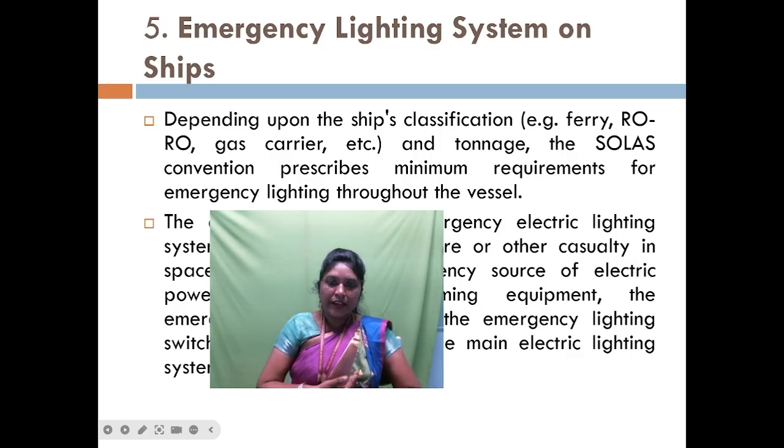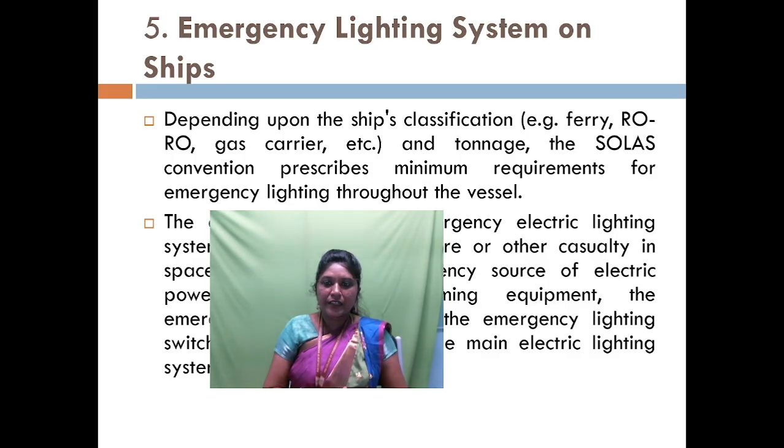So next we can see the emergency lighting system on ships. Depending upon the ship's classification, that is ferry, ro-ro ship, gas carrier, etc., whatever the classification may be, according to the SOLAS convention, there is a minimum requirement for emergency lighting throughout the vessel.